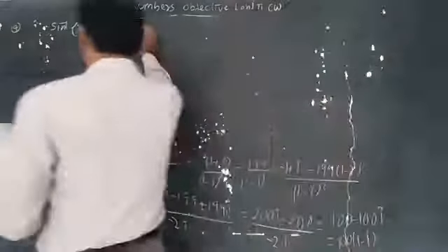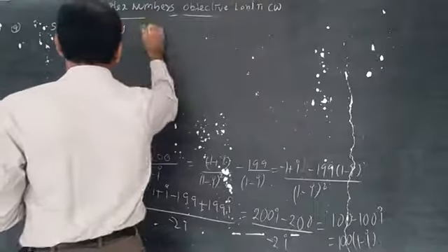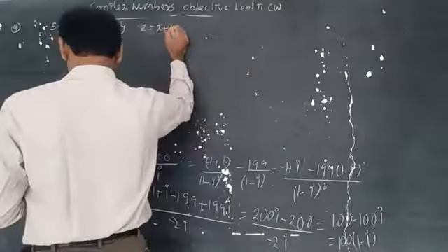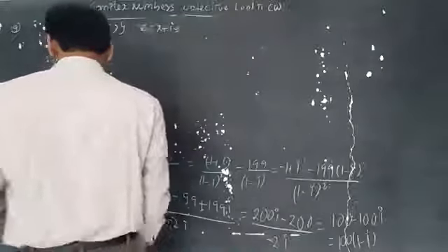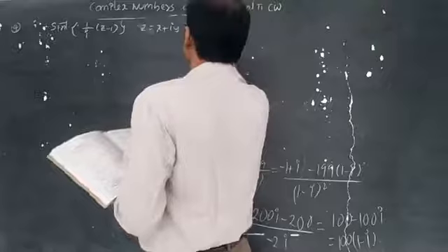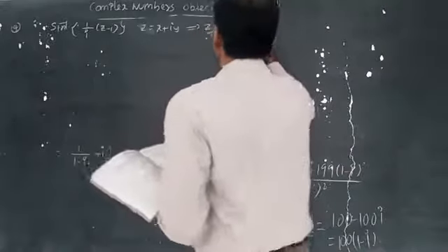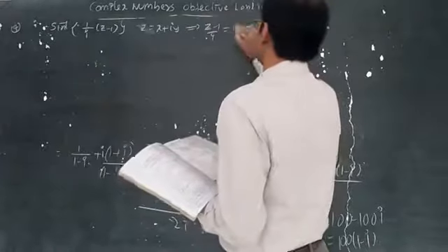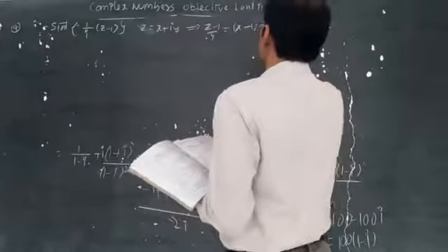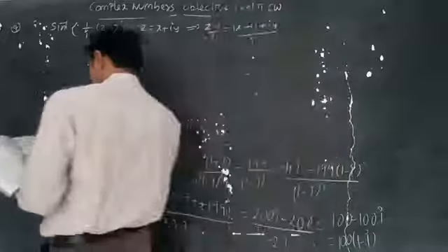What is the condition? Let z equal x plus iy. Then z minus 1 by i becomes (x plus iy minus 1) by i. So (x minus 1 plus iy) by i.